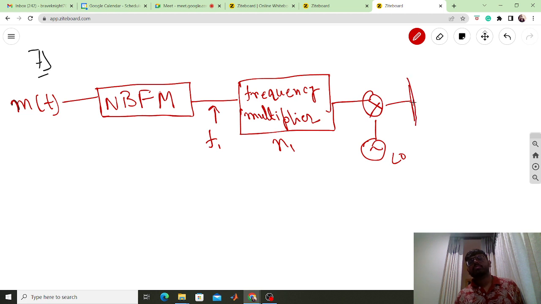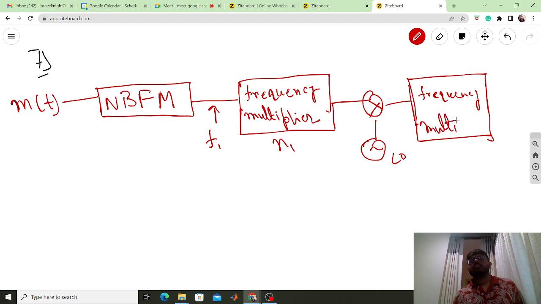So the previous question was, then we are again multiplying with another frequency multiplier of N2. The previous question was what was the xt.